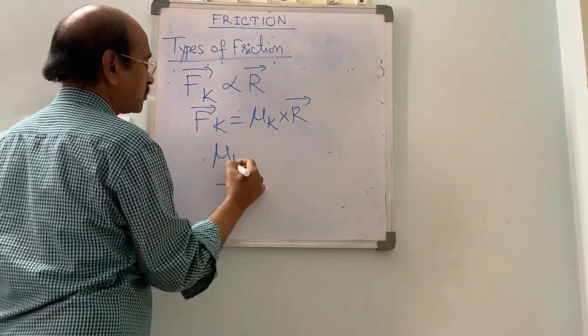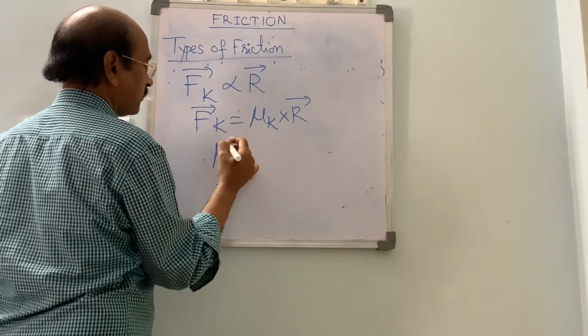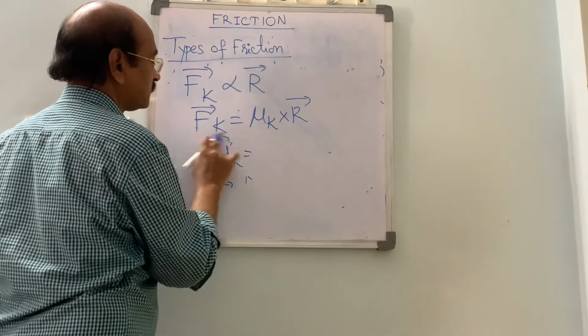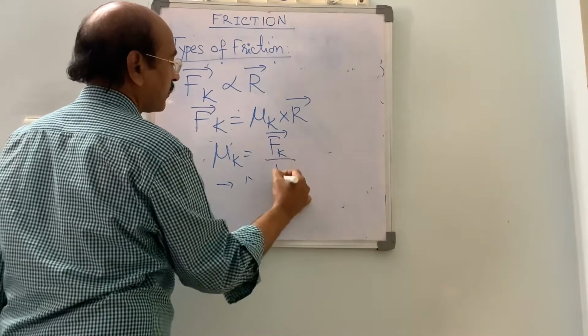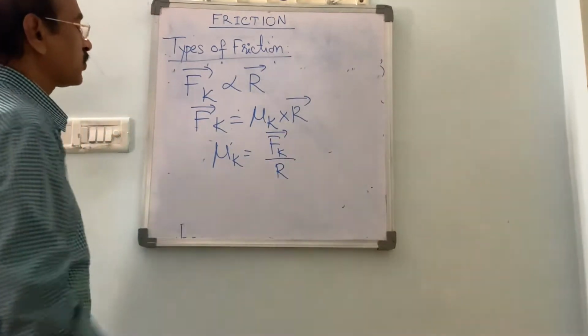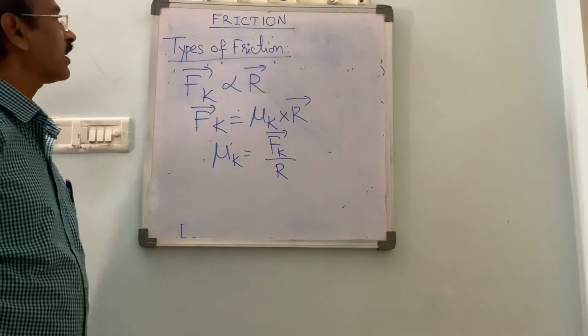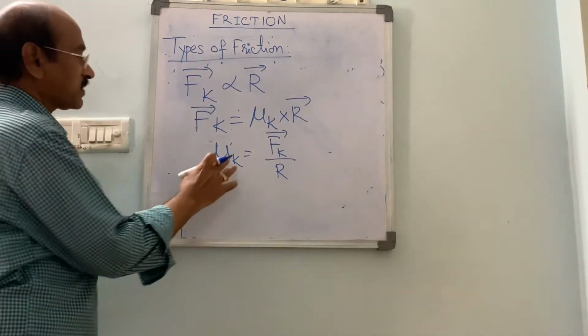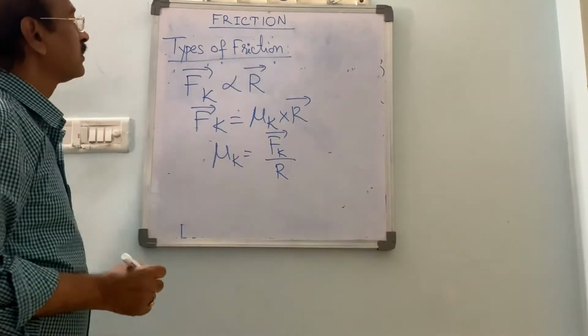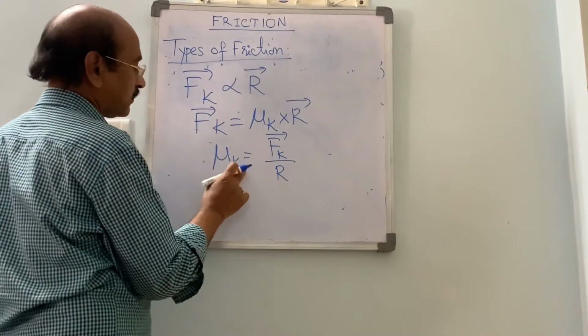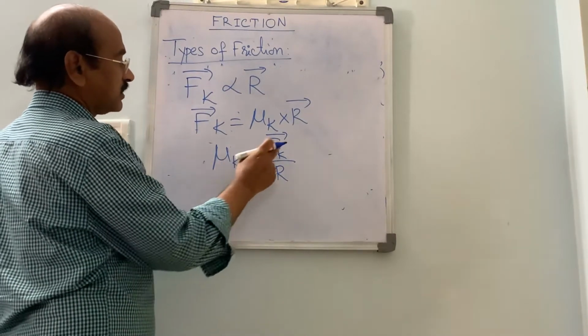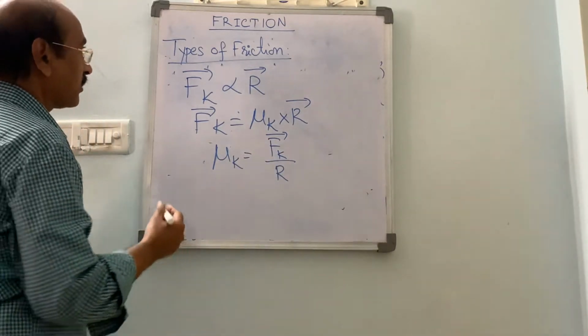The coefficient of kinetic friction is F bar K by R. So when two bodies are in contact and one body moves on the surface of another body, then kinetic friction comes into play. So the coefficient of kinetic friction is given by F bar K by R bar.